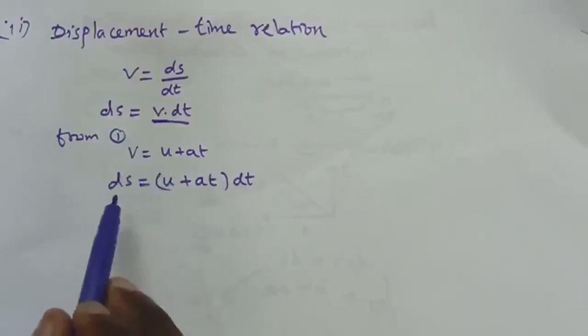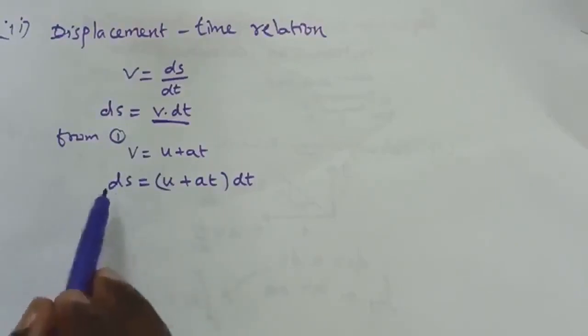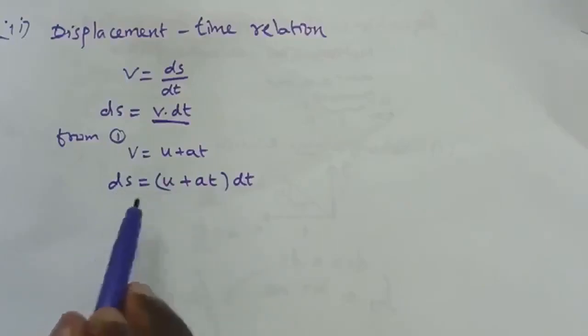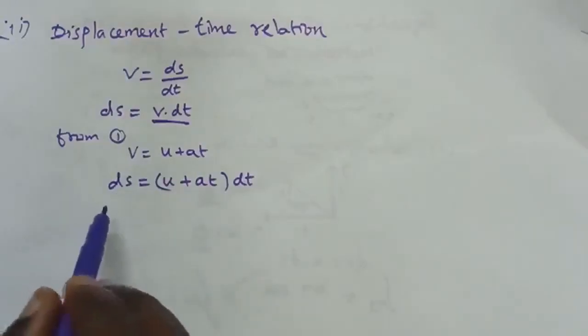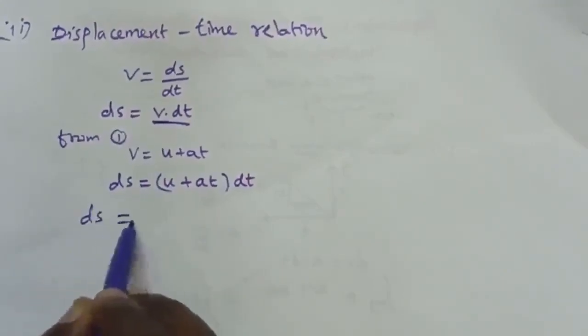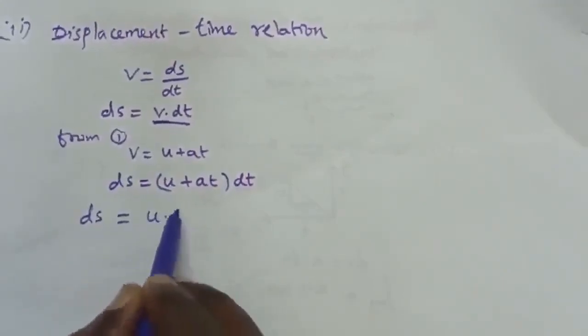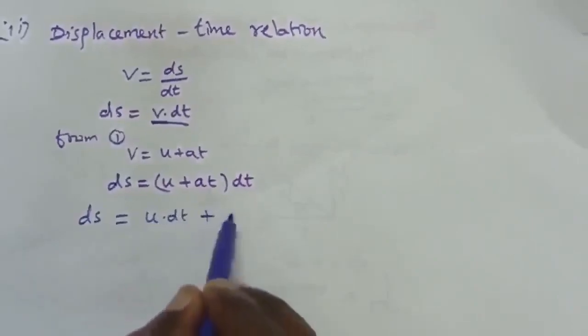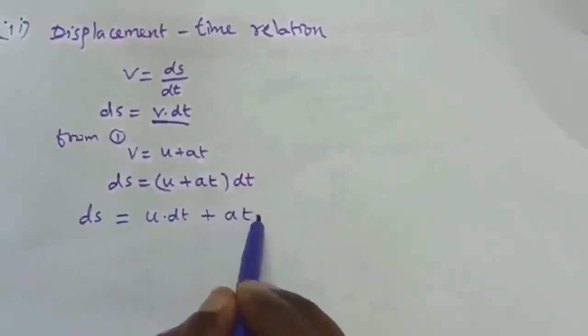Now integrating on both sides. One step first, rewrite this equation: ds is equal to u dt plus at dt.